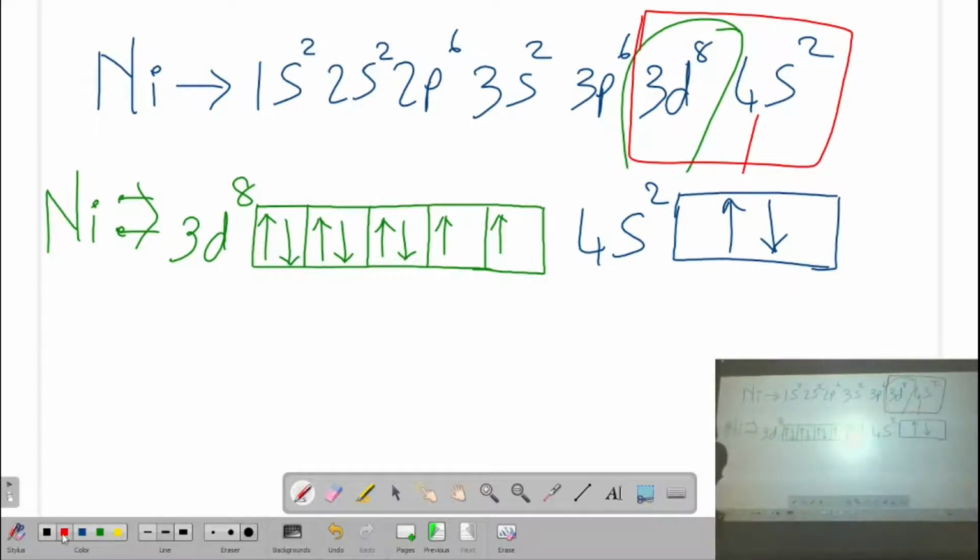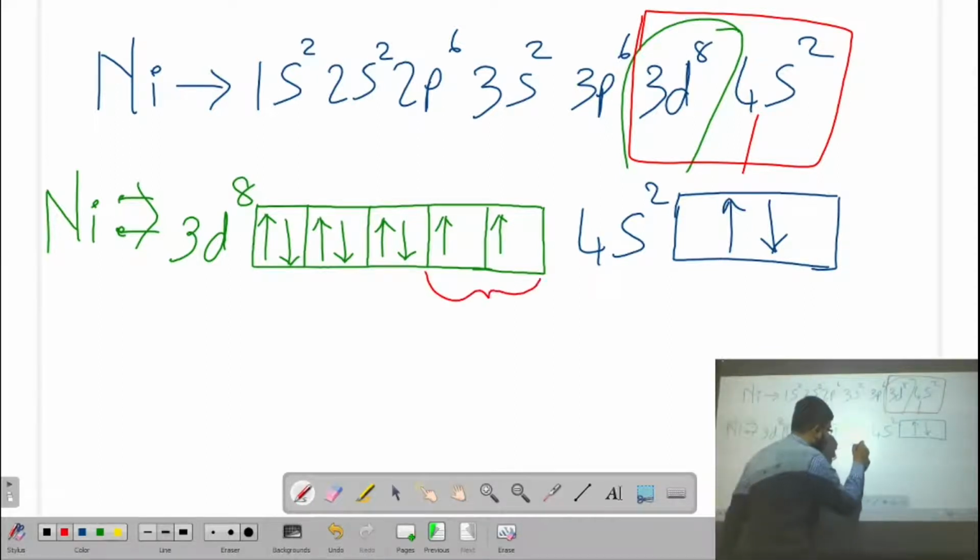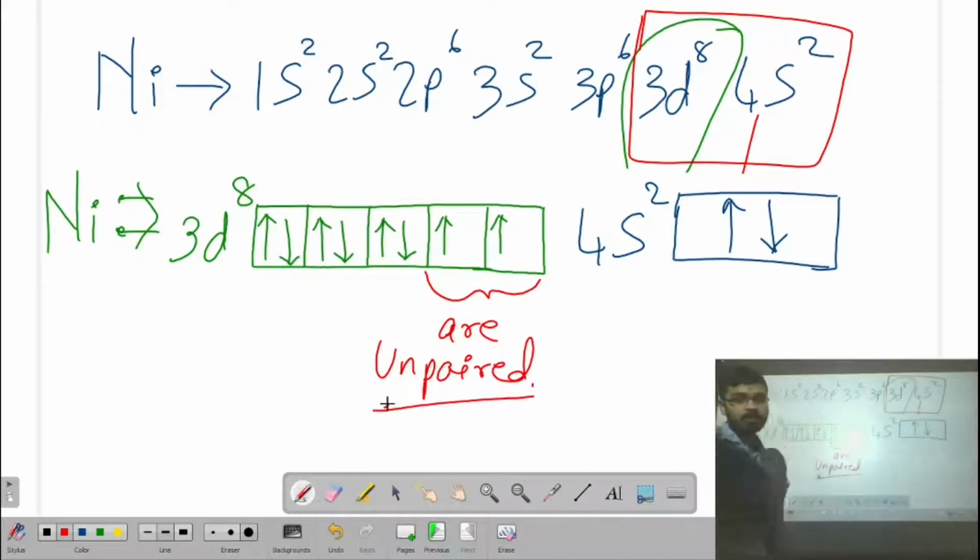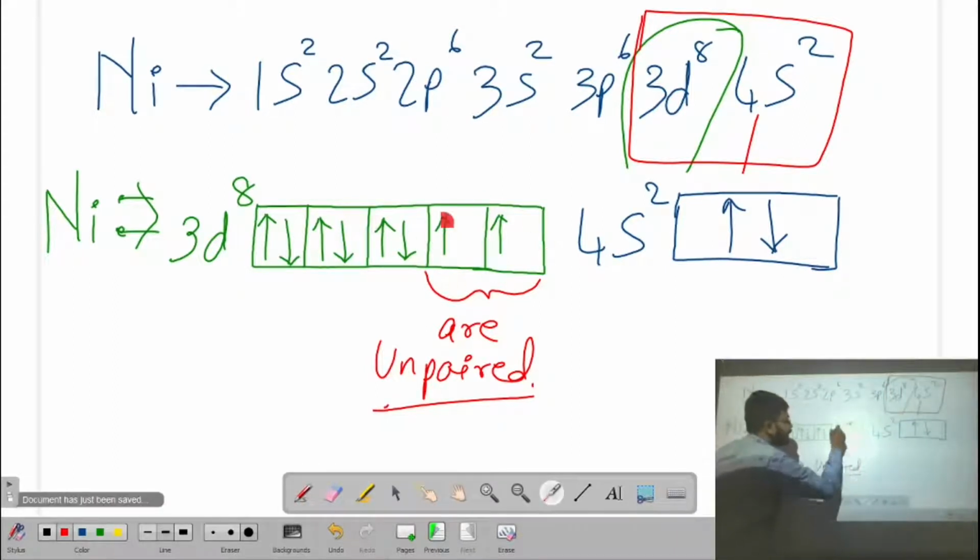Now, these two electrons are unpaired. Which two? These two electrons are unpaired.